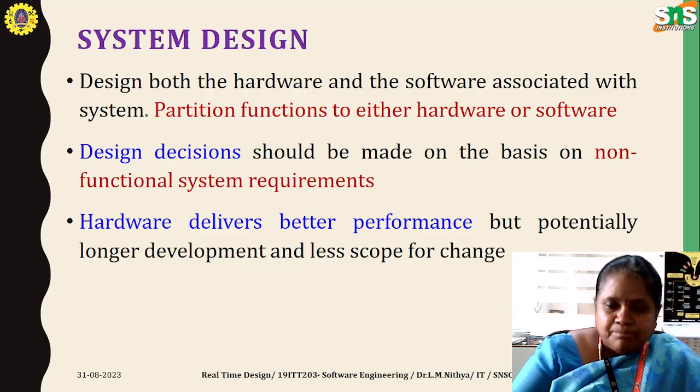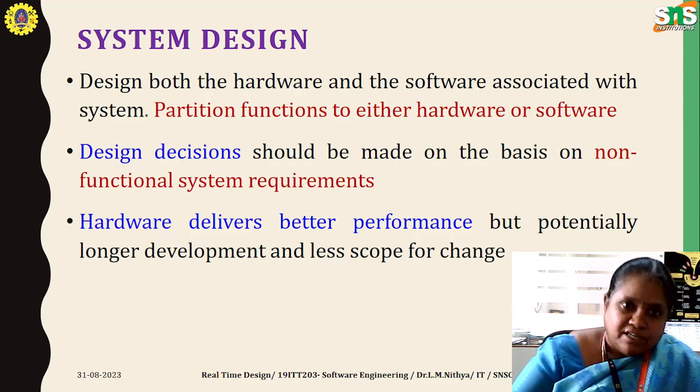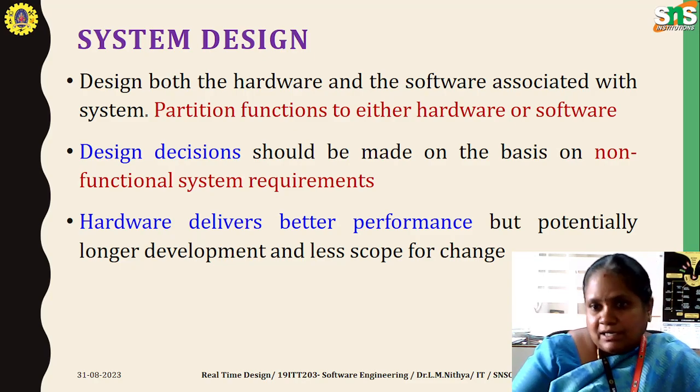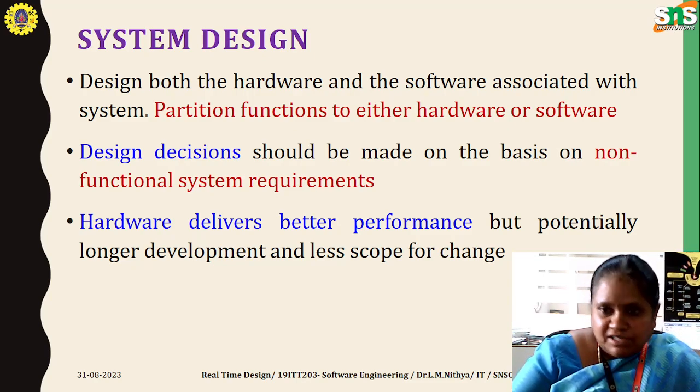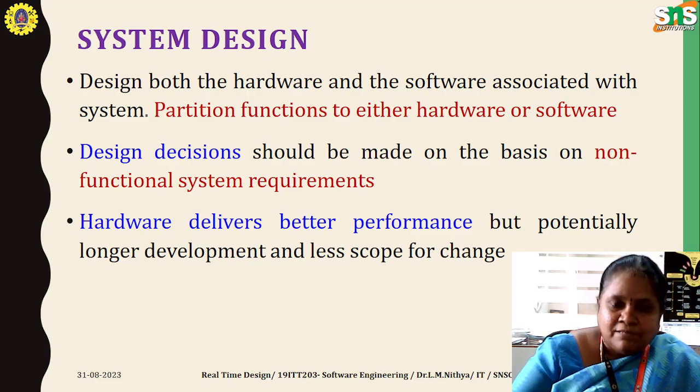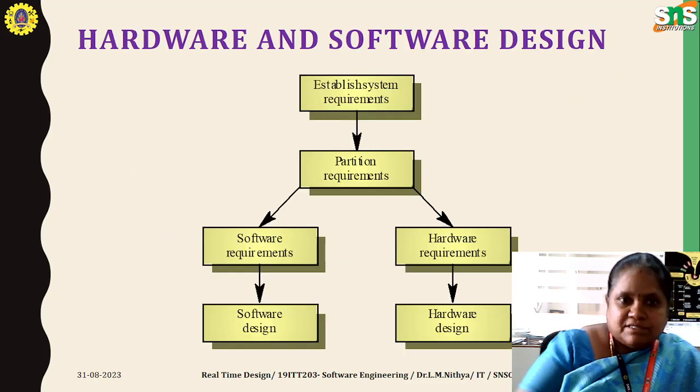You all know that as per the definition of a real-time system, it is not only the functionality, it is also the timing constraints that matter. So timing is nothing but a non-functional system requirement. Hardware delivers better performance, but potentially longer development and less scope for change in the system design.